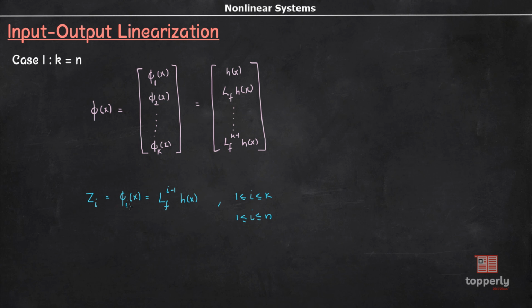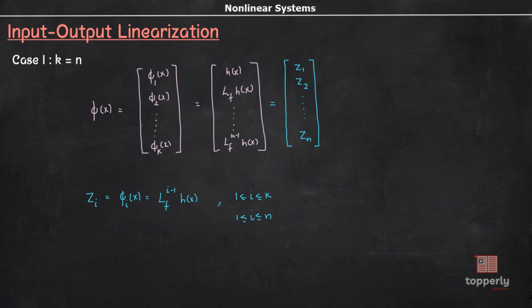And using this definition we can write phi of x equal to z1, z2, etc. to zn. We can see that Lf h of x is the time derivative of h of x. Therefore, z2 will be the time derivative of z1. And similarly, z3 will be the time derivative of z2.